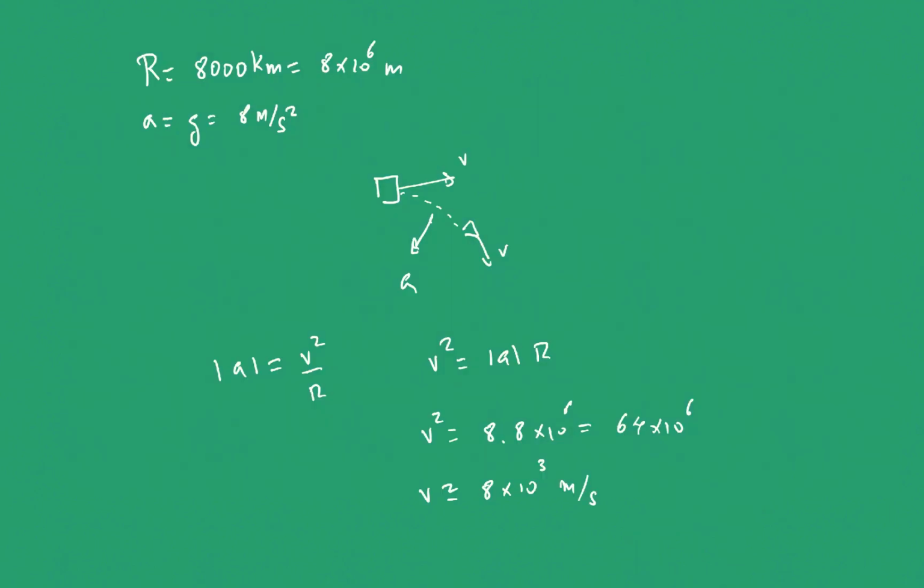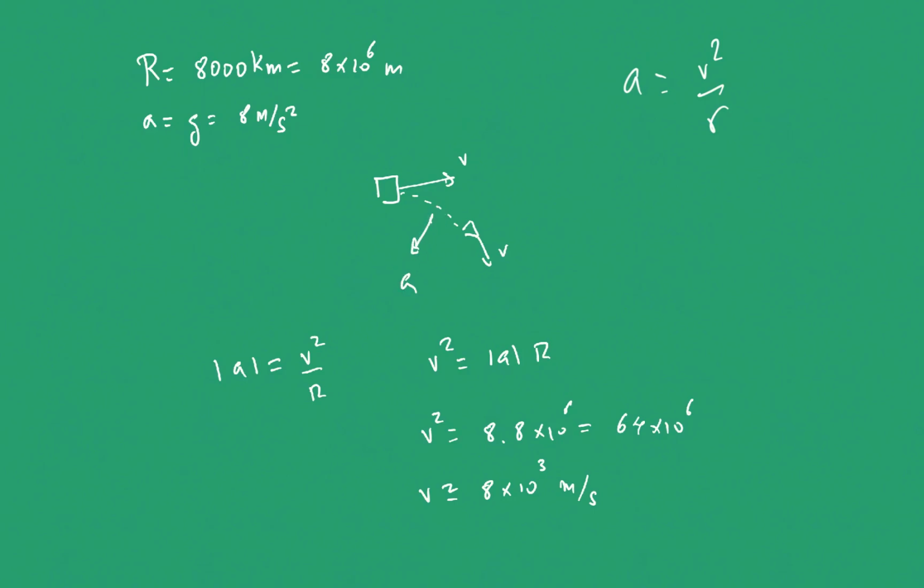Well, to do that, we can say, if the object is performing a circular motion, the acceleration is v squared divided by r, by the radius. The magnitude of the velocity is not changing, but it has acceleration, and the acceleration makes the direction of the velocity change. So in this case, the radius is 8,000 kilometers, the acceleration is 8 meters per second squared, going to the center.